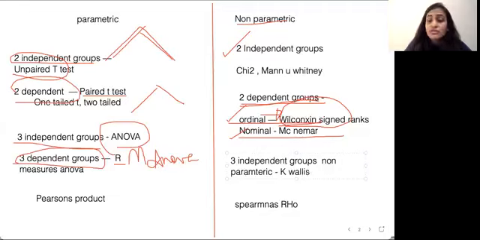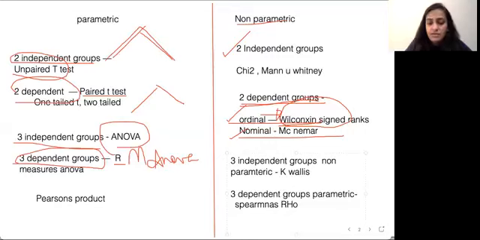And if you have three dependent groups, non-parametric, it's called Friedman's ANOVA. Okay, it's called Friedman, F ANOVA.